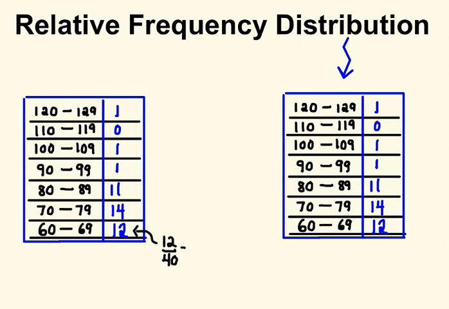I'm going to put that into my calculator right now. 12 divided by 40 gives us 0.3, or that is actually 3 out of 10. So this reduces to 3 over 10. And it's 0.3, which is equivalent to 30%.